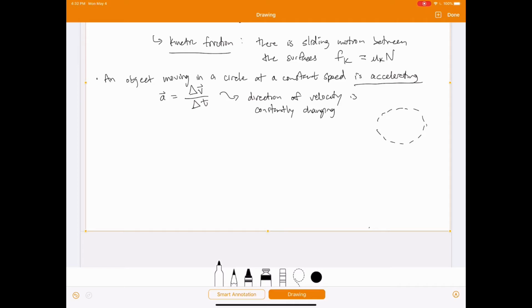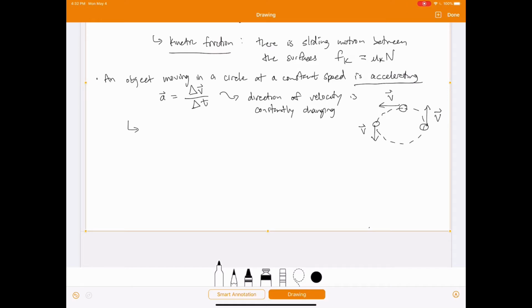So let's say when the object is here on the right side of the circle, its velocity would be going straight up like this. But when it's on the top part of the circle, its velocity will be going to the left like this. And then when it's on the left side of the circle, its velocity will be going down like this. So you can see that the velocity direction is constantly changing, so we do have acceleration.